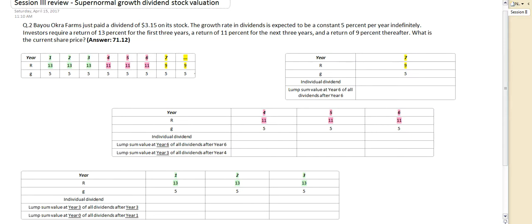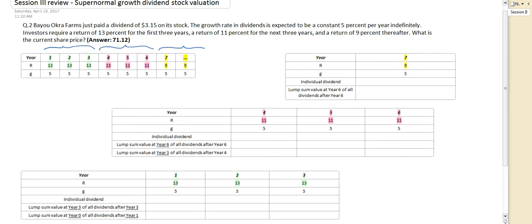It's actually constant since year one. The thing that's different and not normal like we worked with before is the required return, which you see here is broken into 3 different required returns based on the different years.